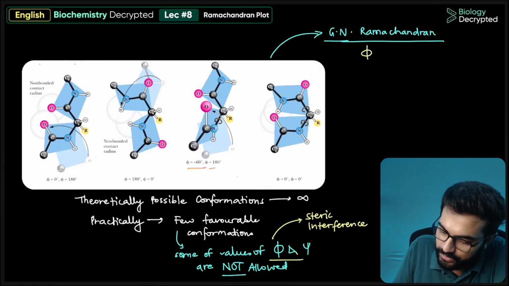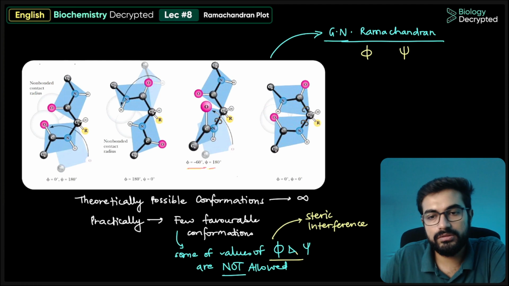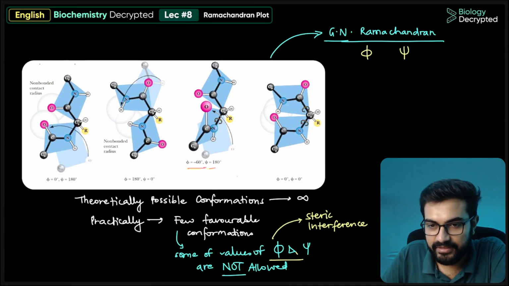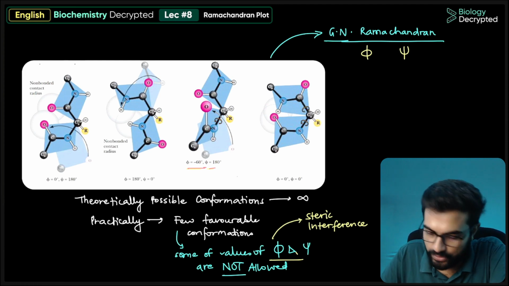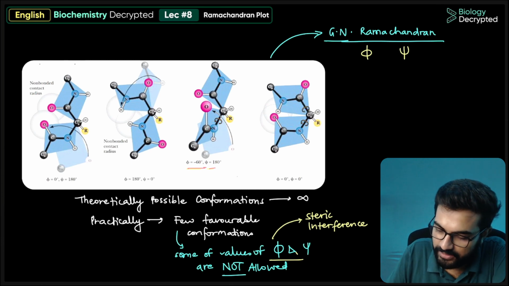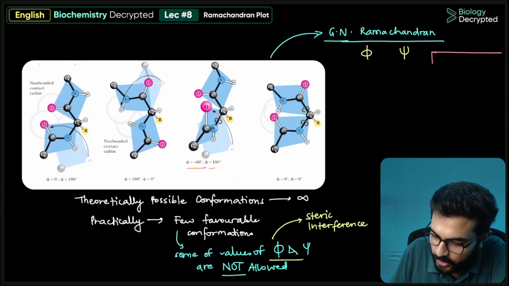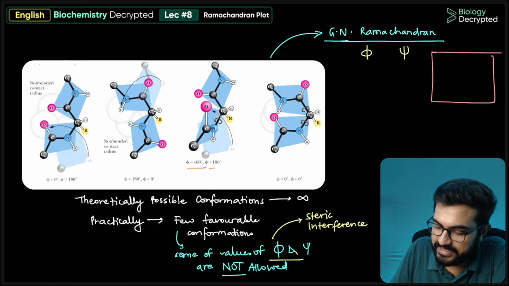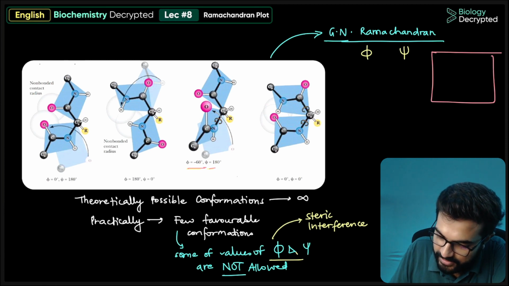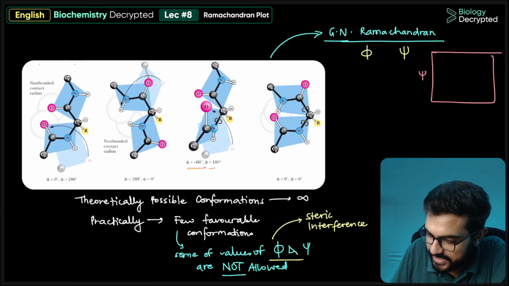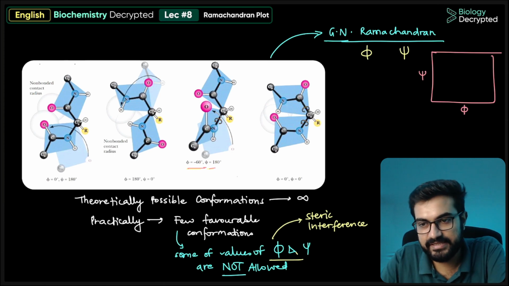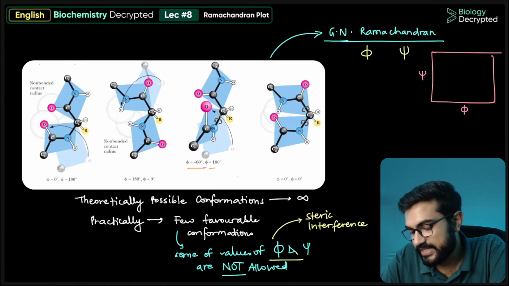He took psi and phi. So you can do it in a different way as well. Well, in the general plot that we will be seeing, we have psi on the y-axis, phi on the x-axis.